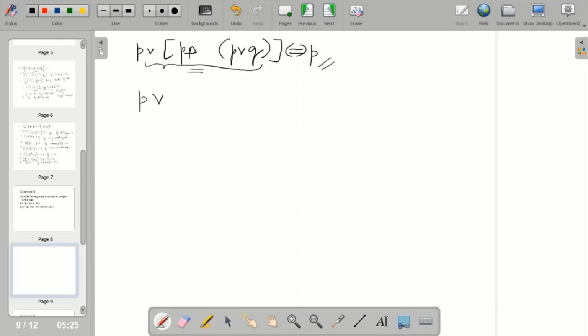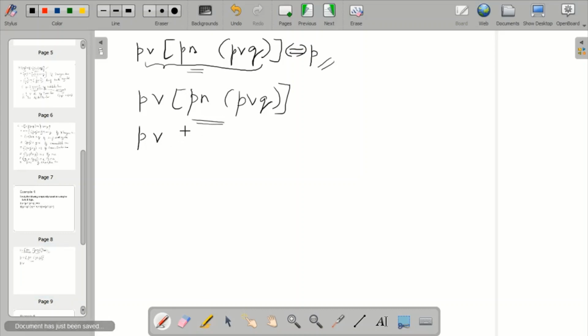So P or P and P or Q. Let us solve the left hand side. I'll take the left hand side separately. Wait one second. P and P or Q. So this is the left hand side. Write P as it is because we cannot solve further. But if you solve this, you'll get it as P.